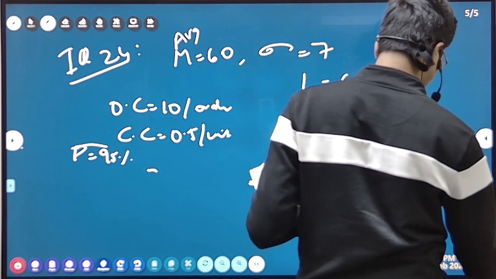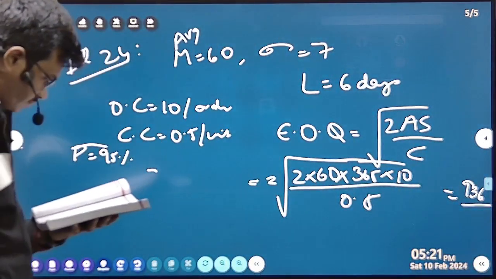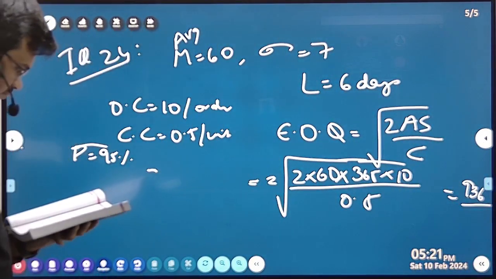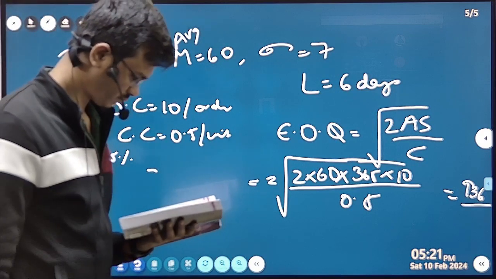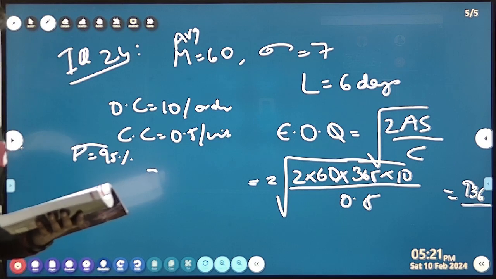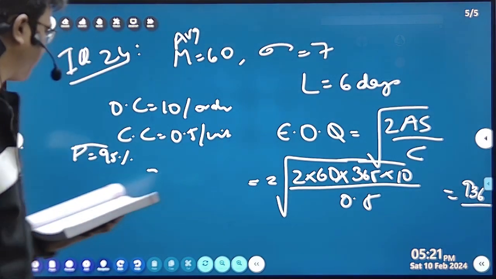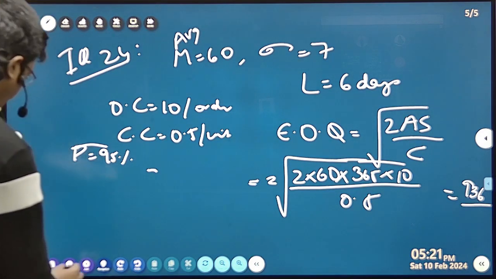He says 936 units. You can check. So that is the first part.